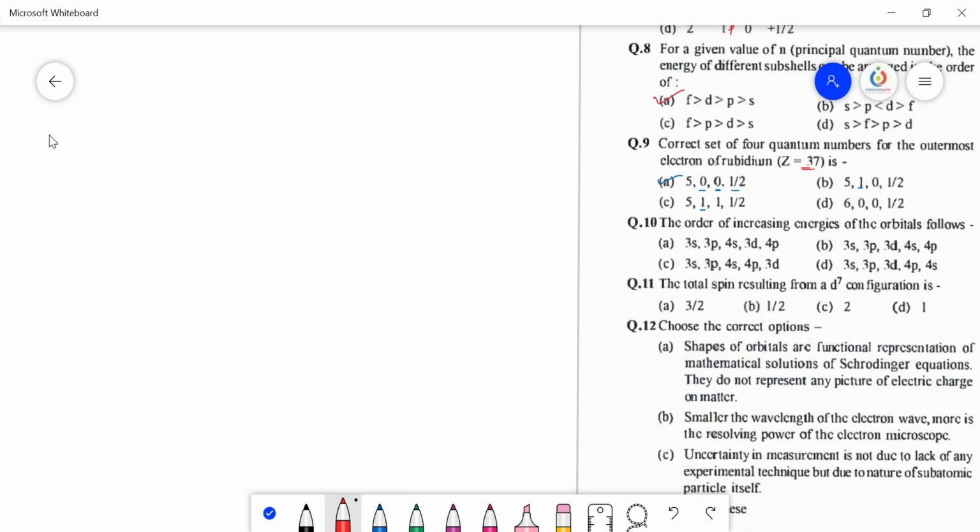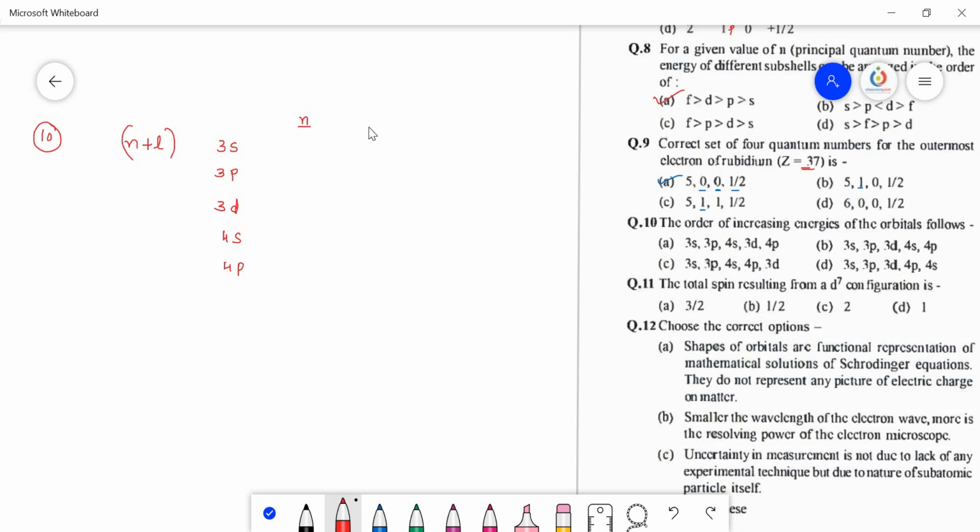So let us solve question number 10 here. The order of increasing energies of the orbitals follows. So generally we have to follow the n plus L value to find out the energy of the orbitals. In all these 4 options only these 5 combinations of orbitals are given. I will write down those 5 combinations of orbitals: 3s, 3p, 3d, 4s, 4p.